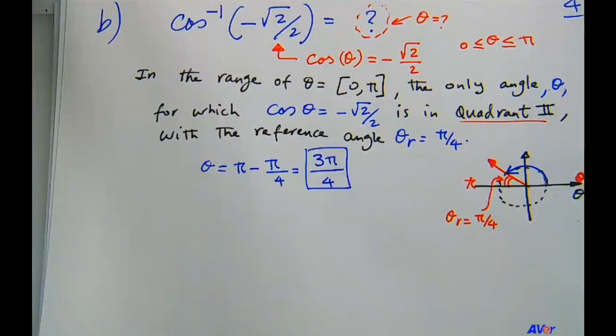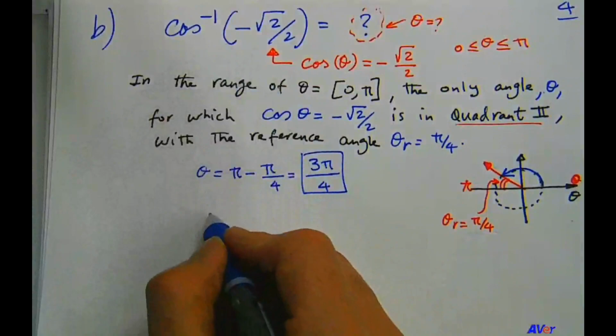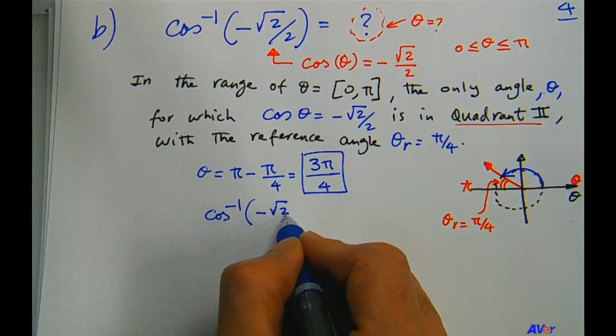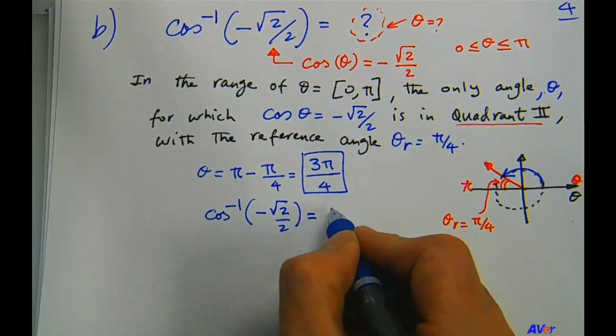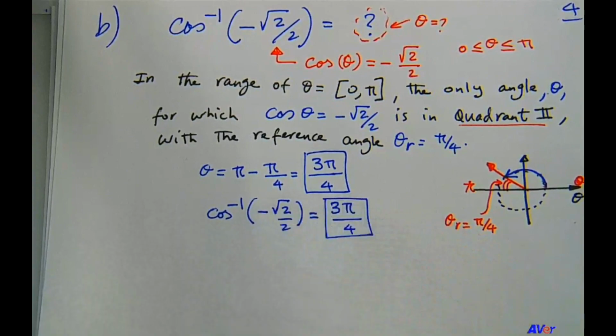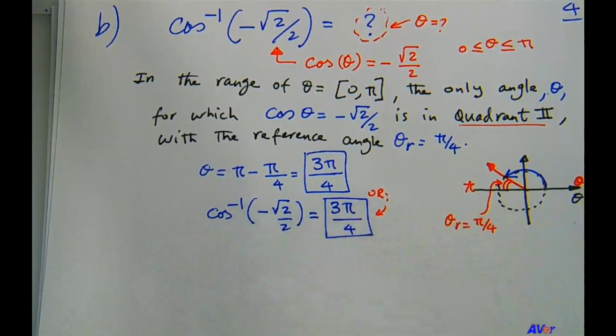You can either write the answer like that, or you can say that inverse cosine of minus square root of 2 over 2 is equal to 3 pi over 4. Either that or this one. Okay.